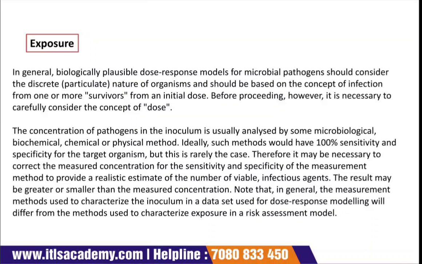So it may be necessary to correct the measured concentration for the sensitivity and even for the specificity of the measurement method, to provide a very realistic estimate of the number of viable infectious agents. So the result may be greater or smaller than the measured concentration.